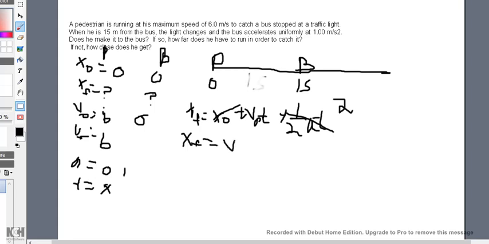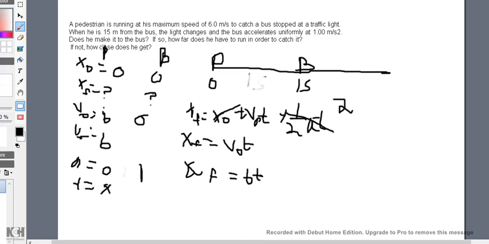V naught T. Let's see, that's for the person. XF equals, what's his initial velocity? 6t. I'm not going to write this equation down again. Well, yeah, I will. For the bus, his initial velocity is 0. He has an acceleration of 1, right there, right?